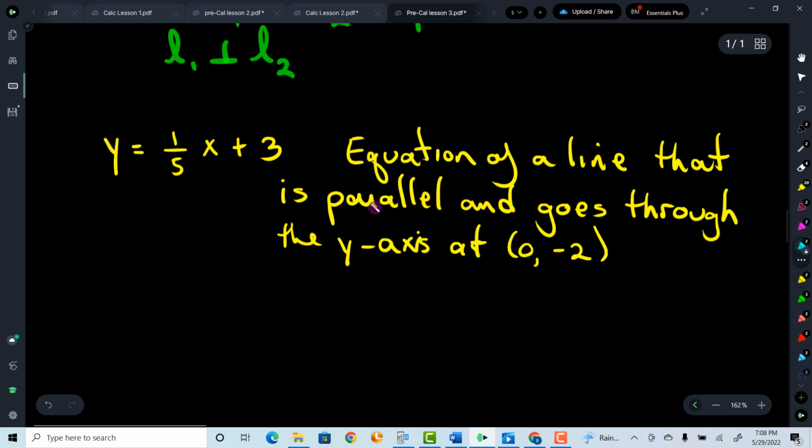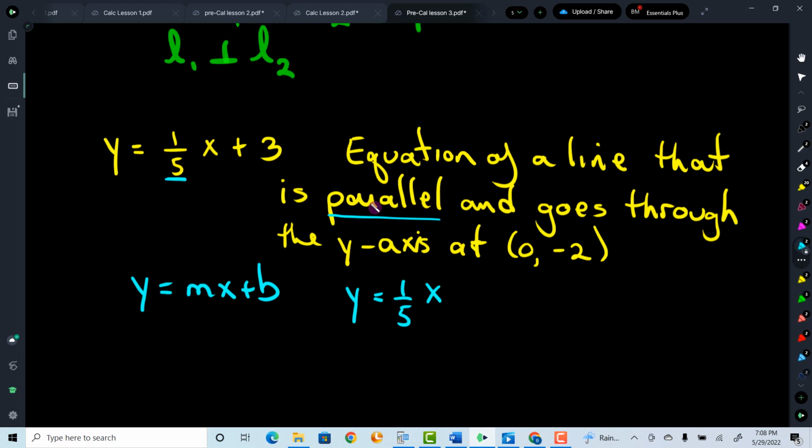Okay? So in order to write the equation of a line, I need the slope. So what's the slope that I'm talking about? Well, it's parallel, so it has the same slope. So that would be 1/5. So it's 1/5 x. And then how about the y-intercept? What will that be? -2.